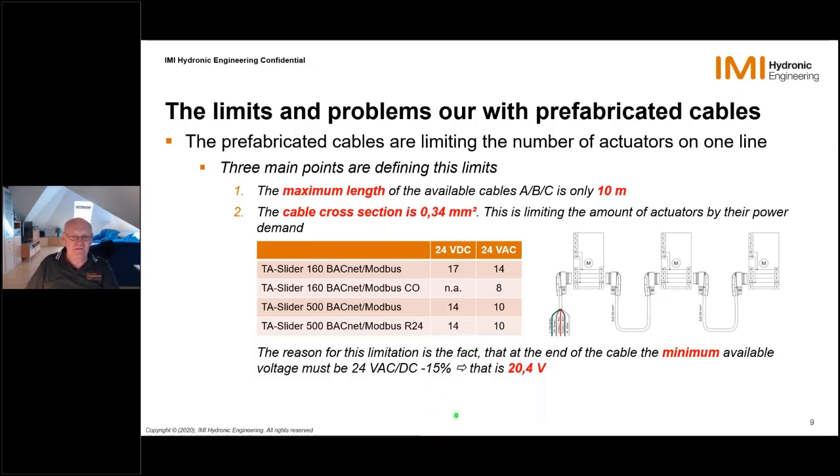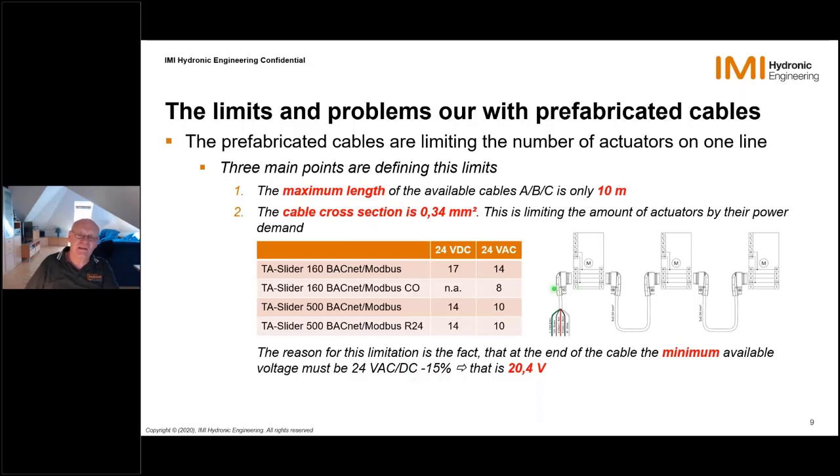The reason for that is that the limitation is given by the minimum available voltage at the end of the last unit. When you read the data sheet, you will see 24 volt AC or DC noted, plus minus 15%.